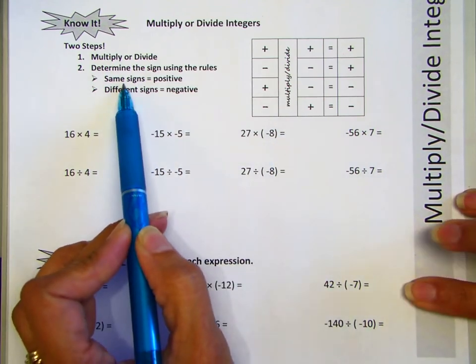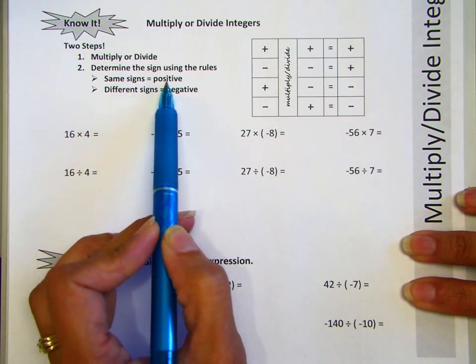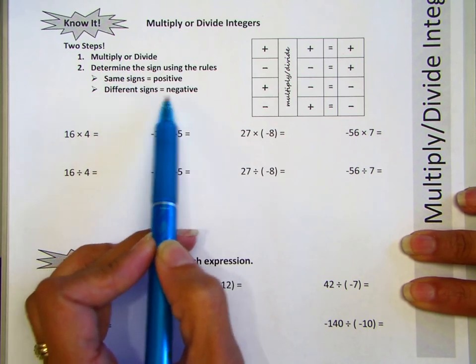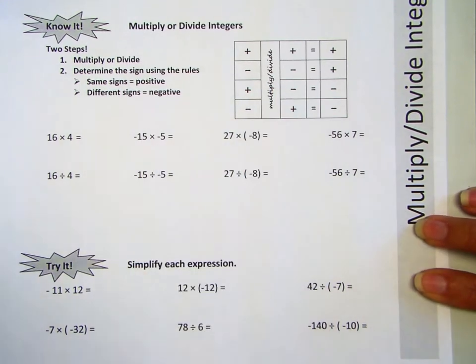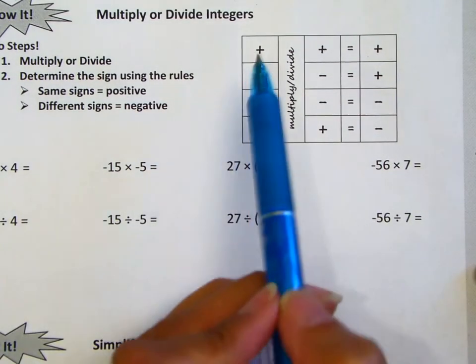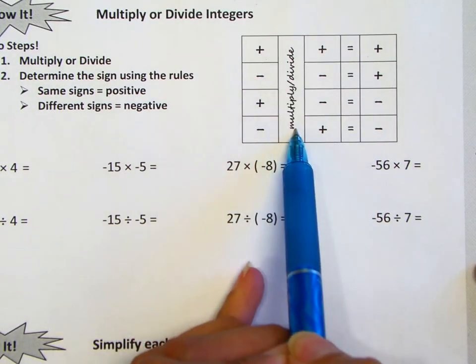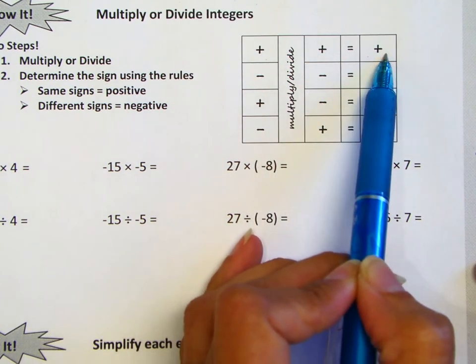Basically, if you have the same signs that you're multiplying or dividing, then you're going to have a positive result. If you have different signs, you're going to have a negative answer. So looking at the table, we see that if you have a positive, and this is multiplying or dividing, doesn't matter which one you do, positive times a positive equals a positive.